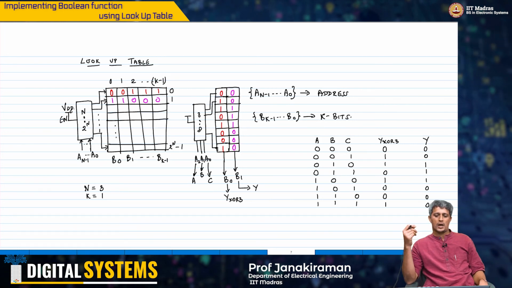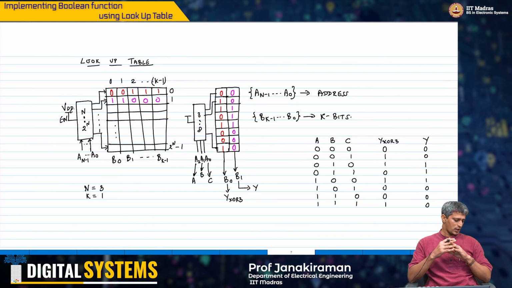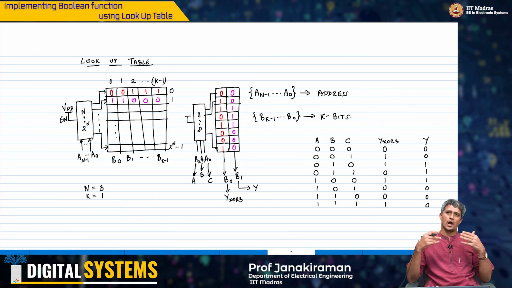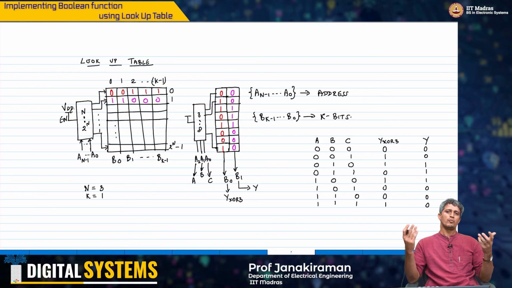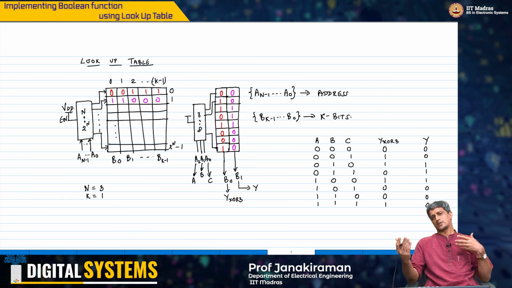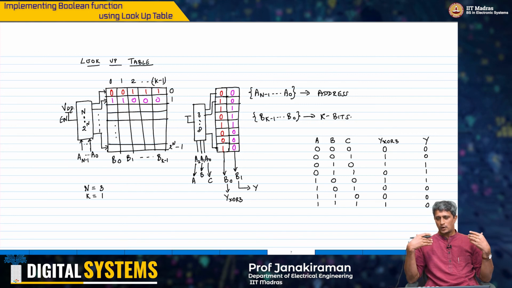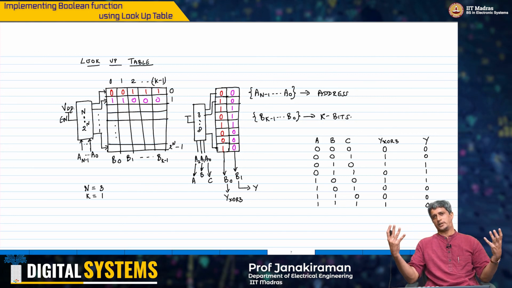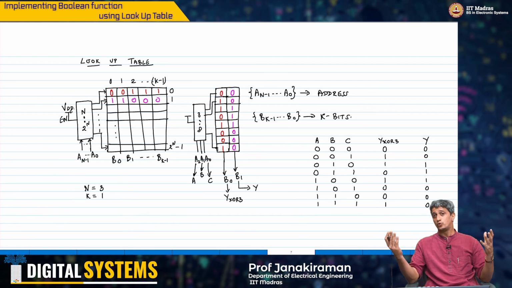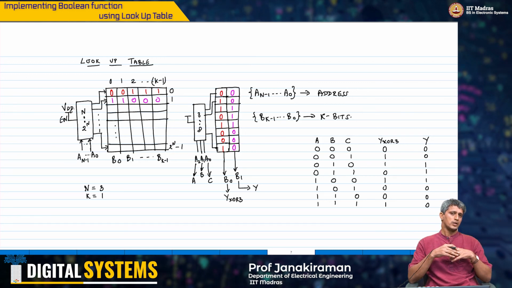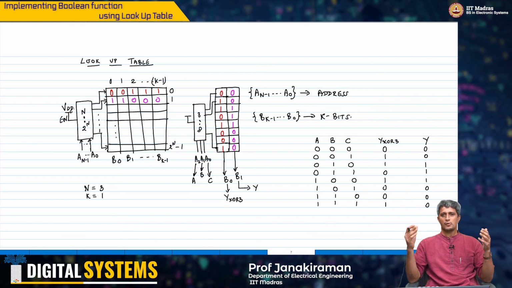With that, I will conclude this discussion on the idea of implementing arbitrary Boolean functions using multiplexers, decoders, and higher level circuits. Like I said, this is very commonly used in FPGAs, the field programmable gate arrays.